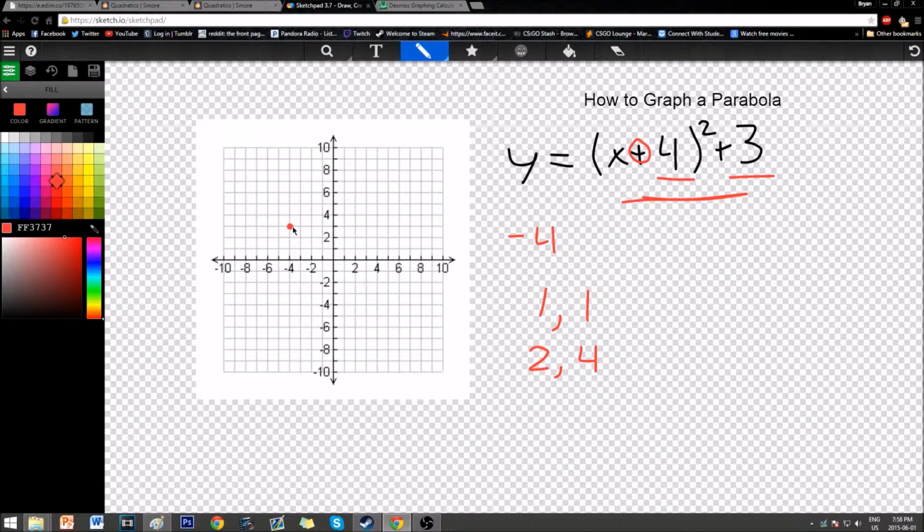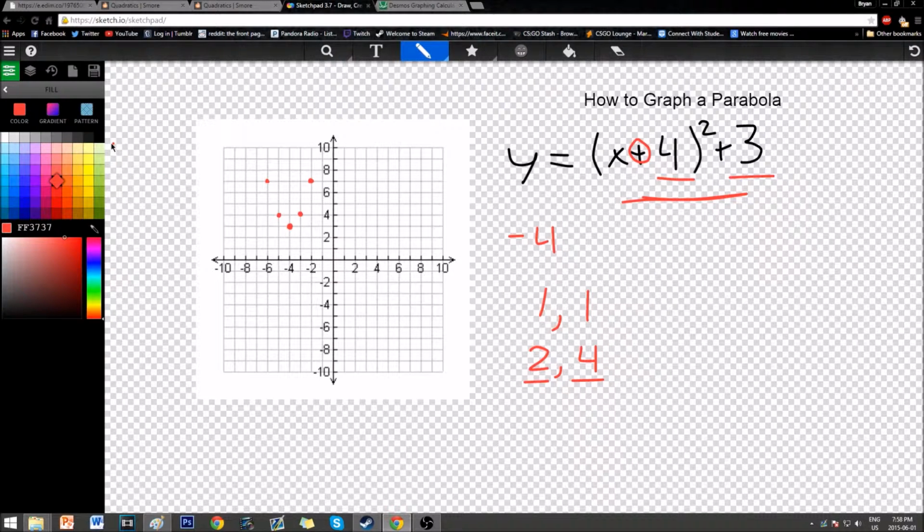So it will be over 1, up 1, so let's make this point right here, and then over 1, up 1 again on this side, because it will obviously be symmetrical. So the next one will be 2 and 4, so over 2, up 4, 2, 3, 4, and then it'll be the same on the other side, which is over 2, 1, 2, 3, 4, so 4.